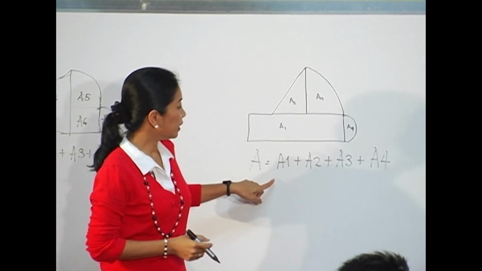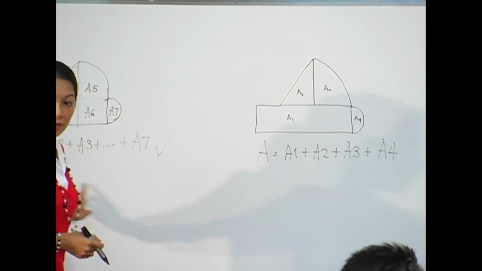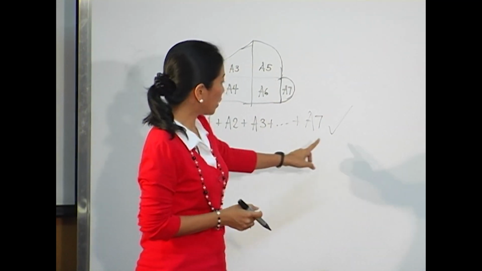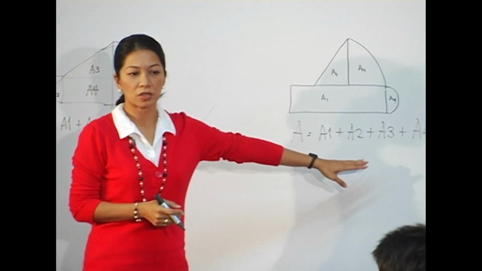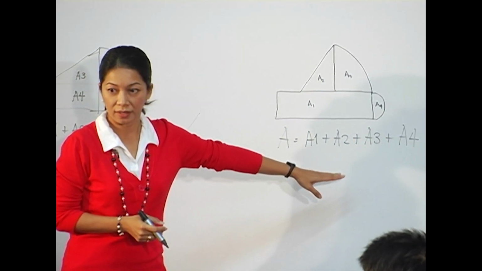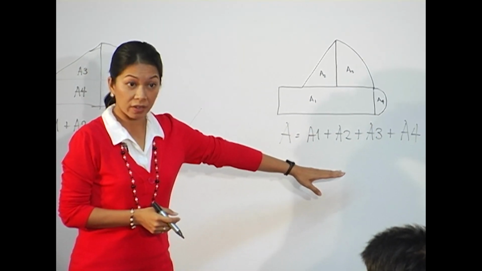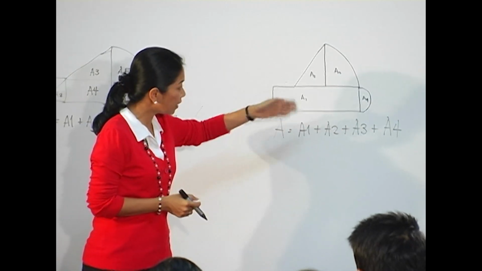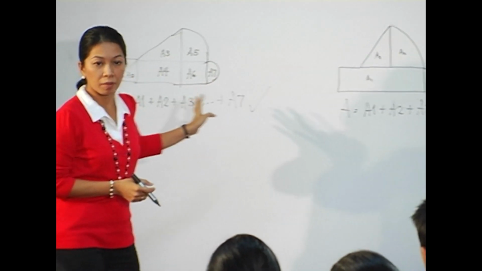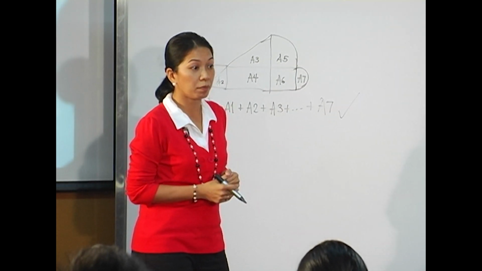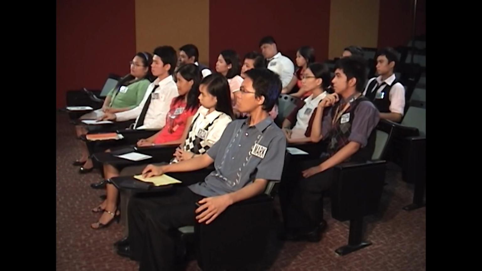And over here, it looks different. Right? A1 up to A7, this one only has 4 regions. But is it any less correct? This one is still correct. Area is additive. You may divide differently, but the sum of the areas should still be equal.